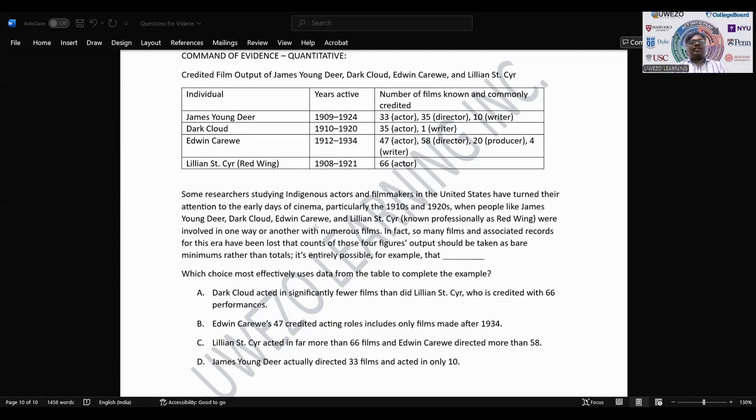So the first sentence of the paragraph tells that these four people discussed were involved in numerous films. Okay, so we can highlight that. So involved in numerous films, these people.